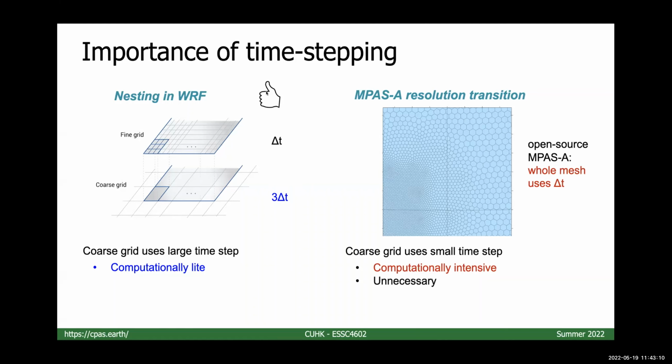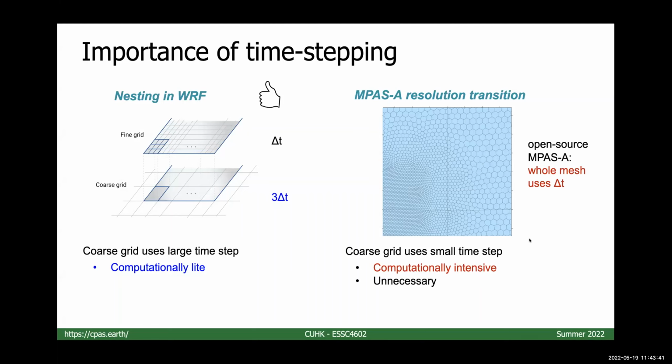This is good. But the open source implementation of MPAS has already done a very good job in the spatial discretization, allowing you to have smooth resolution transition. But in that implementation, it supports only using a uniform time step for the whole mesh.